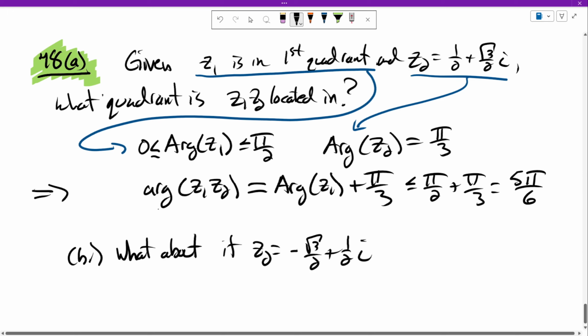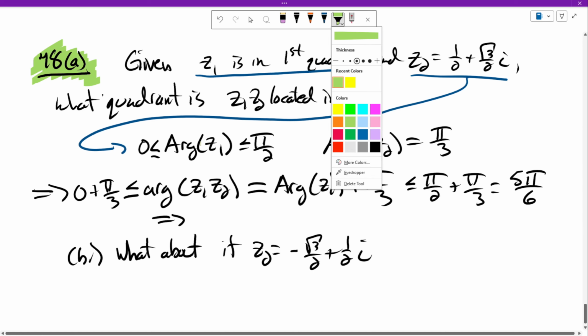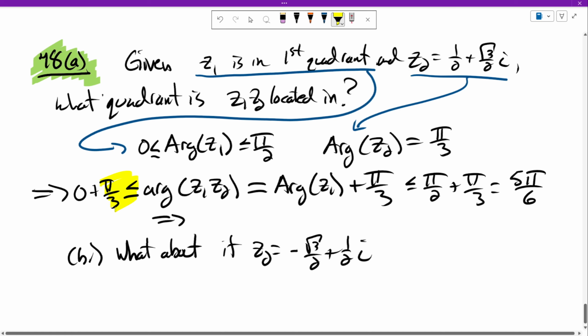And it's at least 0. So on this side, we can do a 0 plus pi thirds. So if we read left to right, what we're learning here is that pi thirds is less than or equal to the argument of the sum and is less than or equal to 5 pi 6. And this is actually the principal argument, but I'll leave it like this.